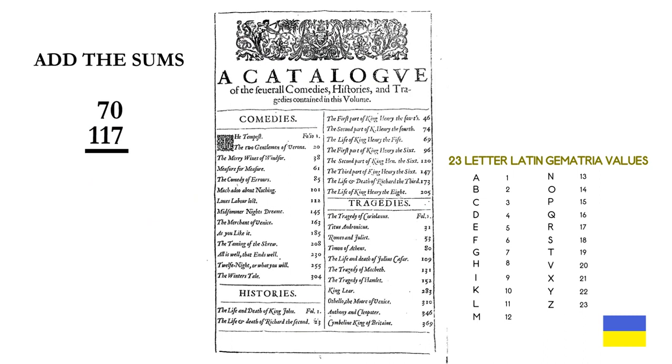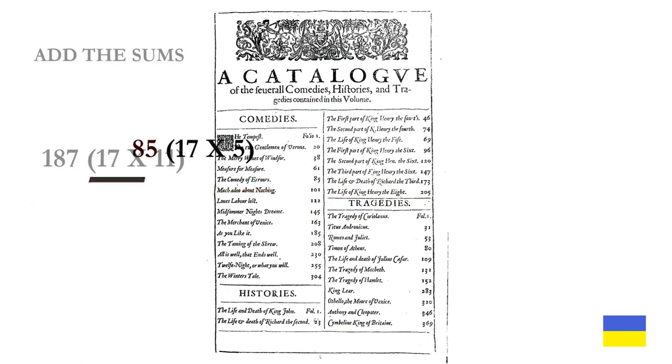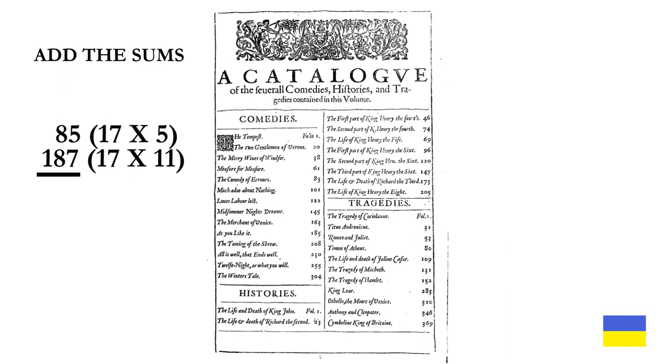We add the sums, and we get 187, which is 17 times 11. The gematria sum of tragedy, spelled with an IES, of course, is 85, or 17 times 5. We add the sums, get 272, which is obviously 17 times 16.